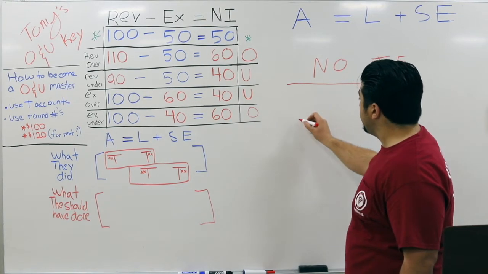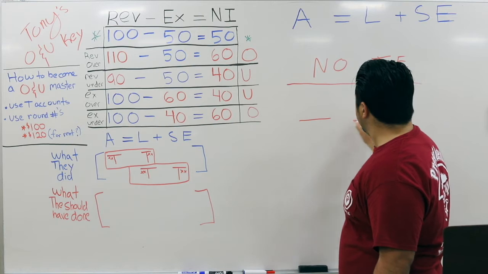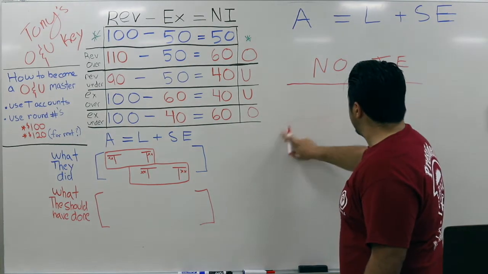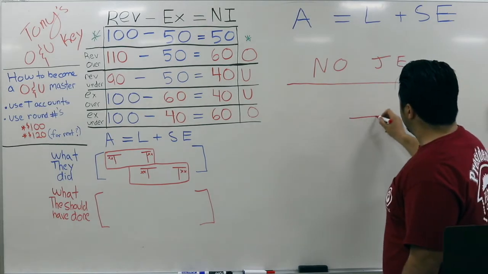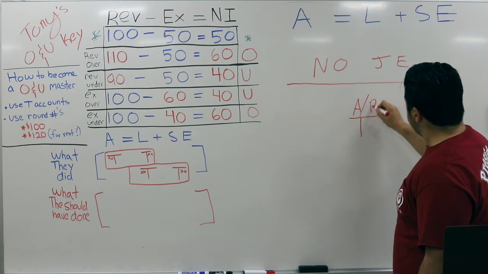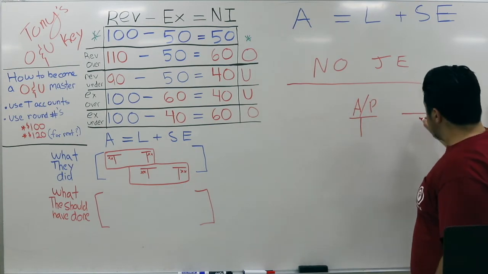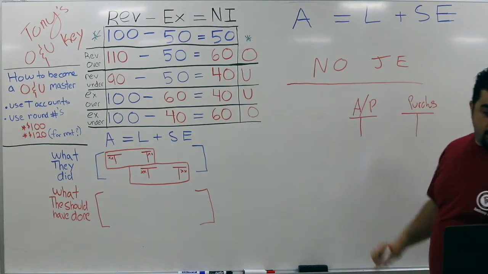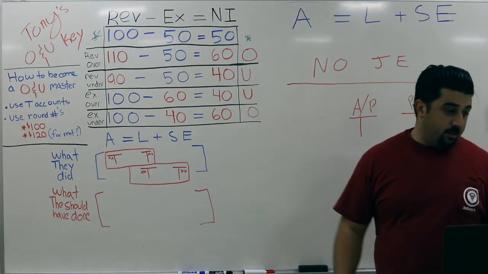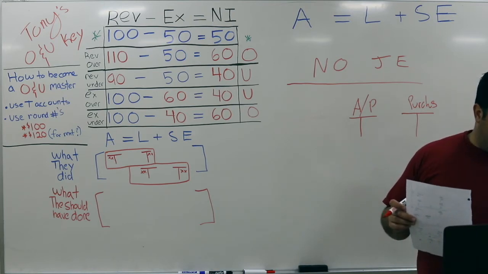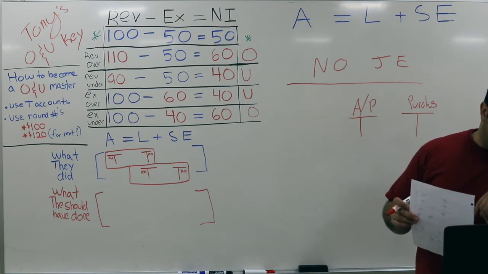However, this is what they should have done. Accounts payable and an inventory account. Well, I mean purchase account, sorry. Because you got to read the instructions up top.